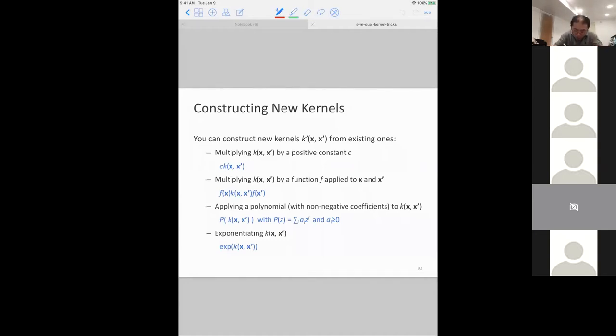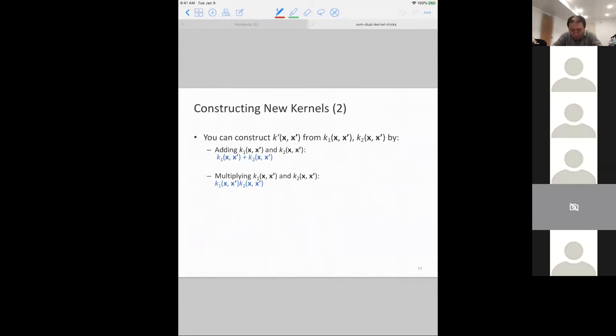If you have an old kernel which is valid, and you multiply it with a positive constant, you end up with a valid kernel. You can multiply the kernel with an arbitrary function applied to both inputs, and you end up with a valid kernel. You can embed a valid kernel into a polynomial function, or take the exponential of it; it's still a valid kernel. You can also add two kernel functions together, or multiply them together, to get a new kernel.